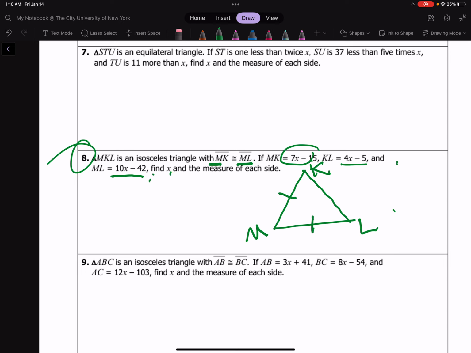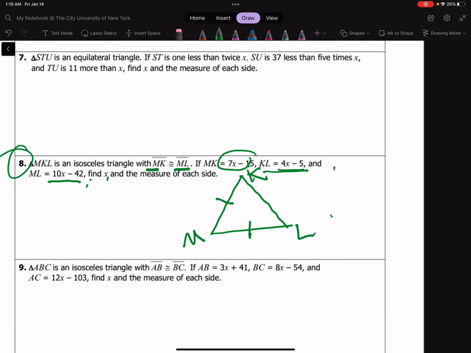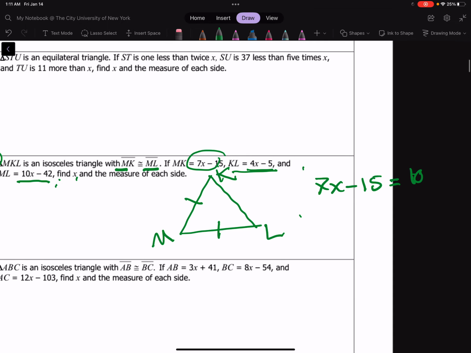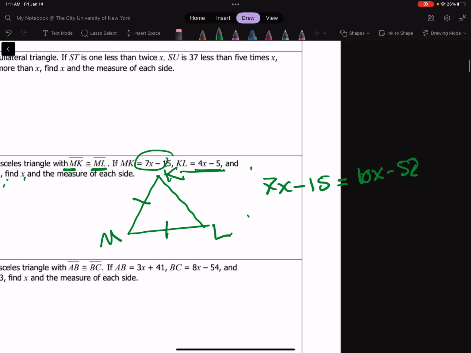There is no point of worrying about KL. All you need to do is set MK, 7x minus 15, equal to ML, since it is isosceles and the sides are congruent, so 10x minus 52. Now solve it algebraically and find x.